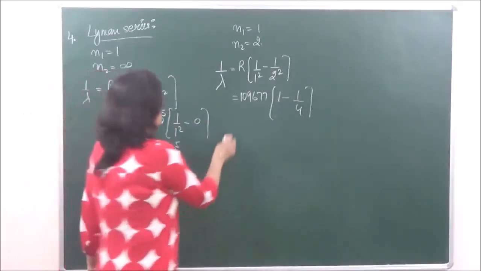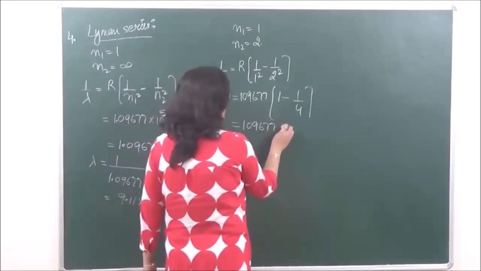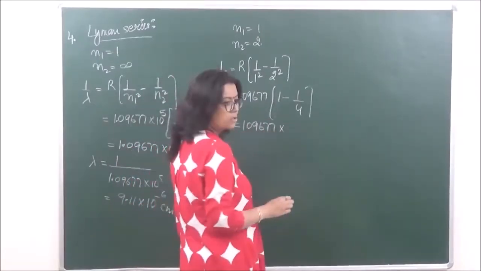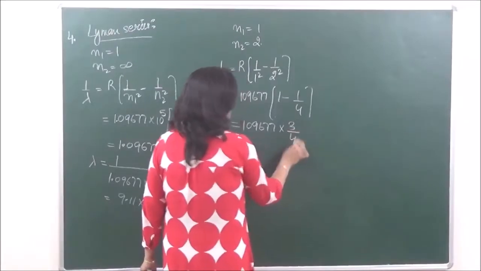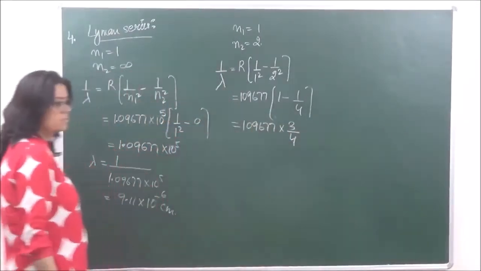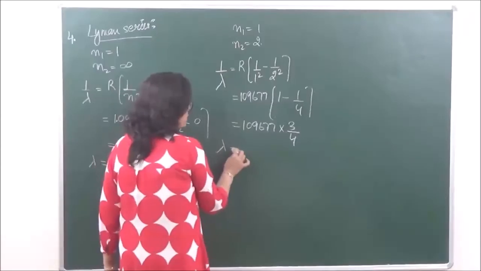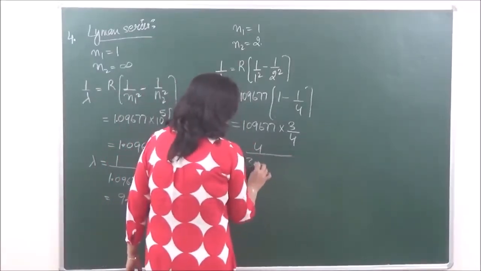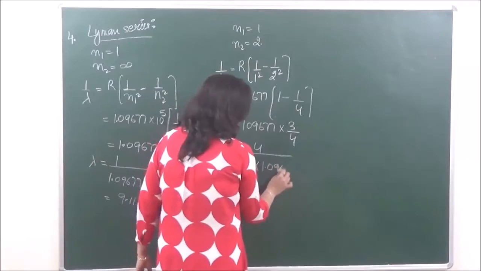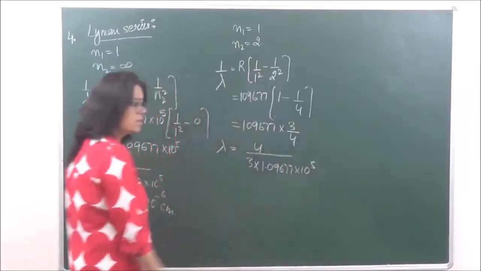Okay? So this will become equal to 109677 into 3 by 4. And lambda will become equal to the reciprocal of this. So we can take this as 4 upon 3 into 1.09677 into 10 raised to power 5. This is how we can put it.